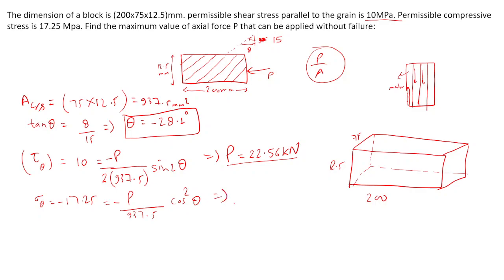So what would be the value of P from here? Doing, sir. 52.257. P would be 52.257.